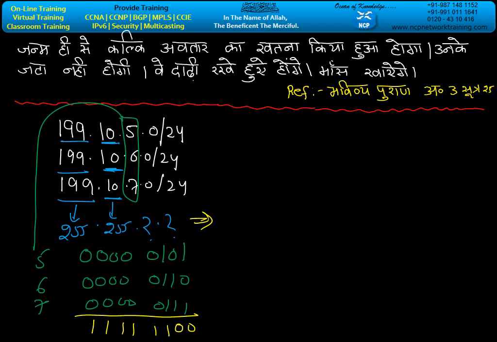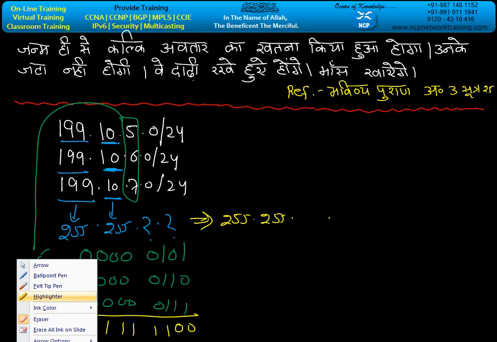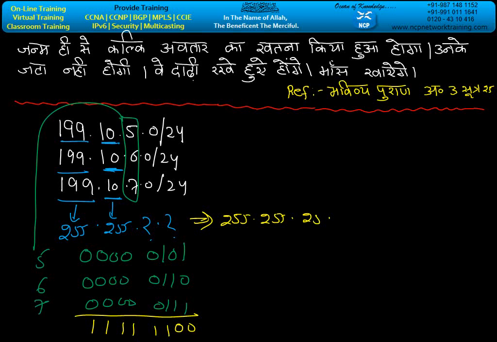And the new mask will be 255 two times, and the third octet value will be 252.0, /22. Block size is 4 in the third octet.